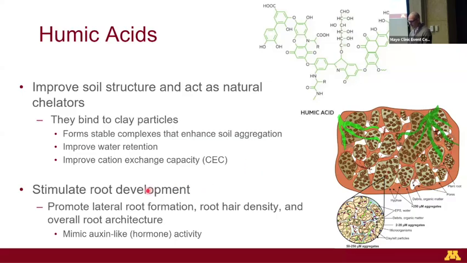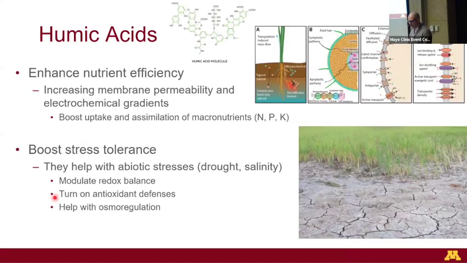But when they are needed and when they are applied, they are very effective at promoting lateral root formation, increasing root hair density. And so it really improves the potential for the plant to explore the soil in all directions. And by doing that, it can help increase nutrient uptake from the soil.